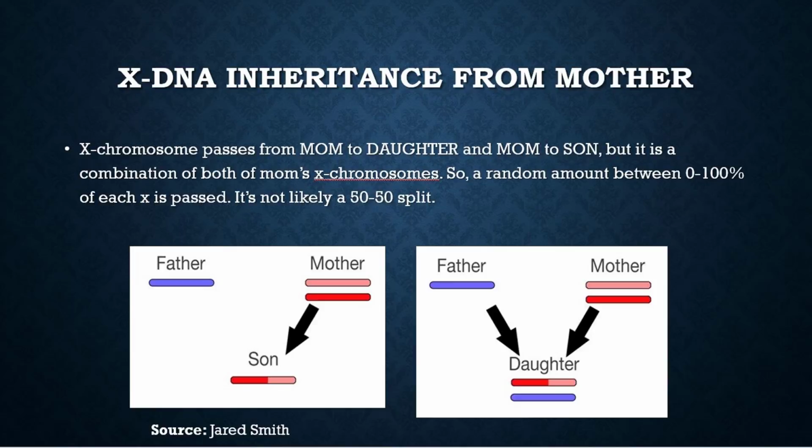Those are two different inheritance patterns. It's not likely that it's a 50-50 split. We want to think about that because we like things nice and neat, but science is messy. You just kind of have to understand science is messy.